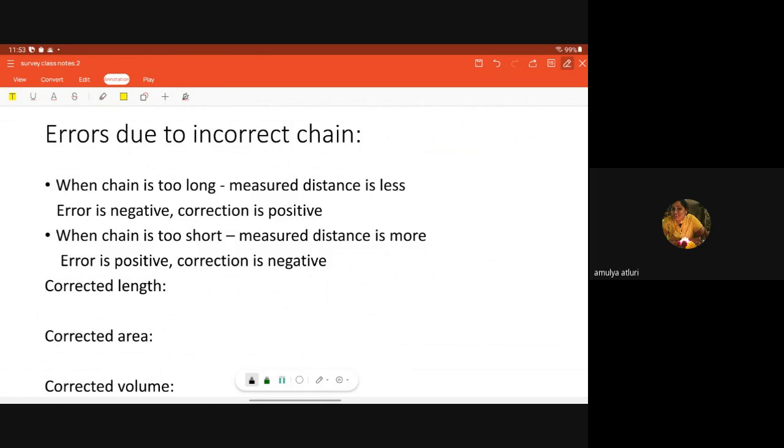If my chain is too long, my measured distance is less, then the error is negative and the correction is positive. That means if I get minus 1, minus 2, I need to add the correction to the measured length. If my chain is too short, then the error is positive and the correction is negative.